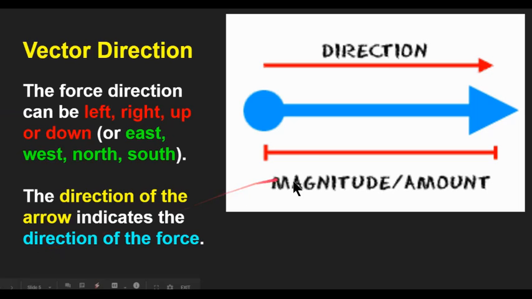Vector direction, this blue arrow, has the direction right or east. The force direction can be left, right, up, or down, or east, west, north, south. The direction of the arrow indicates the direction of the force.